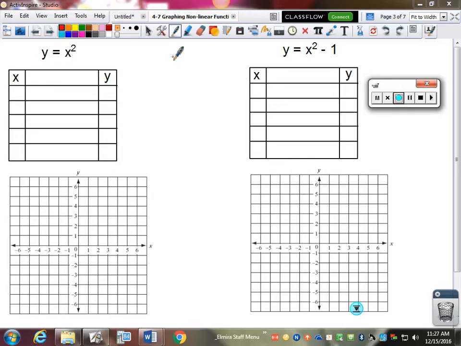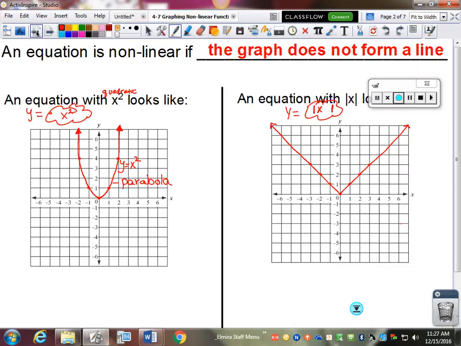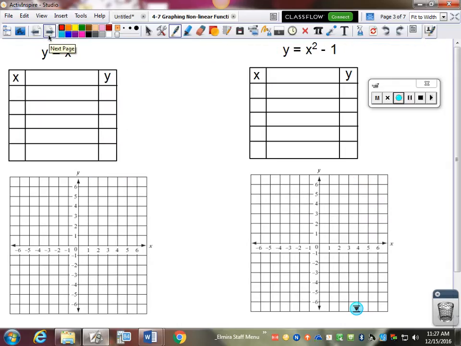But notice that these graphs change direction on the negative side. So we need to incorporate some other numbers in there. We're still going to use 0, 1, and 2, but we're also going to use -1 and -2. So -2, -1, 0, 1, and 2.